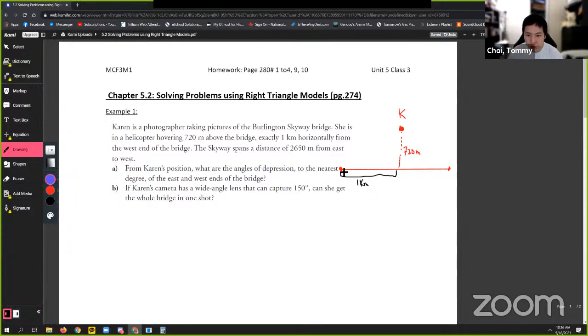It also tells you that the whole section from east to west is 2,650 meters. So this is what you should have drawn. You can also finish off this drawing by drawing your triangle. You can see that there are right angles in this triangle as well.